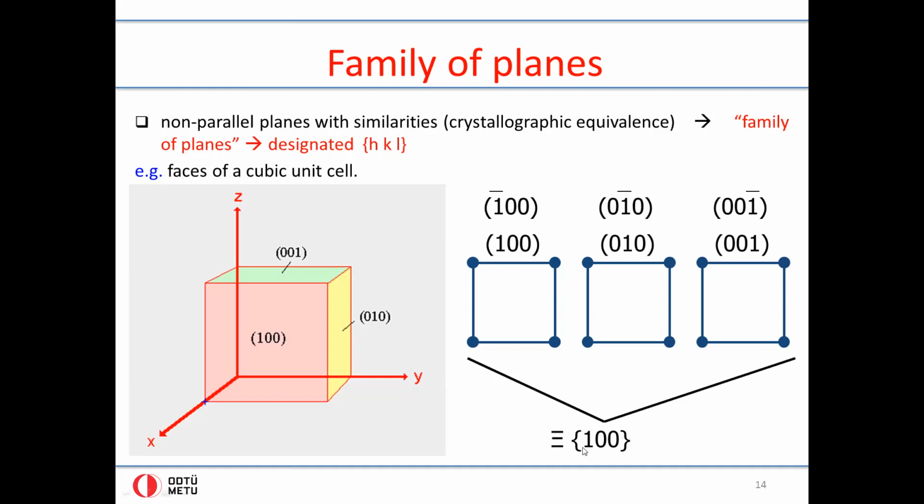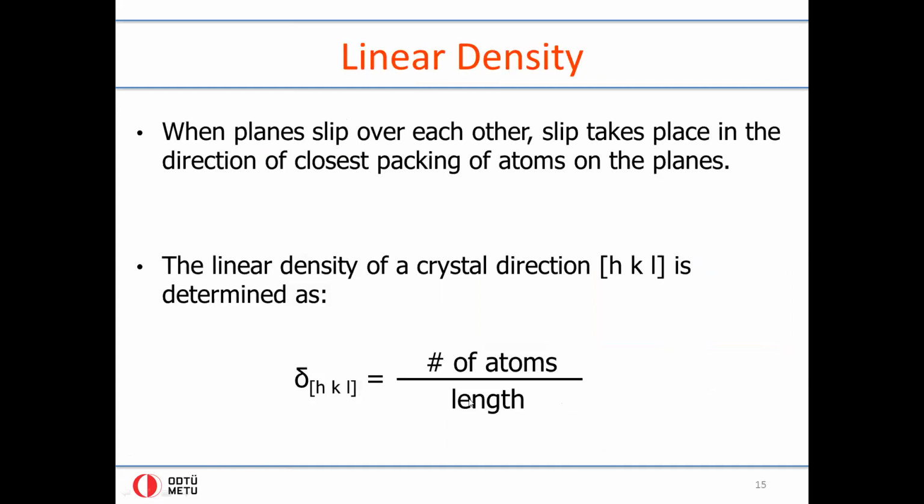And because of that, they become a family of planes, and they get these squiggly brackets. So when you see this, you understand that it is different than this, in that this is a plane and this is a family of planes. This is an individual plane. And this is some indication of a family of different individual planes.